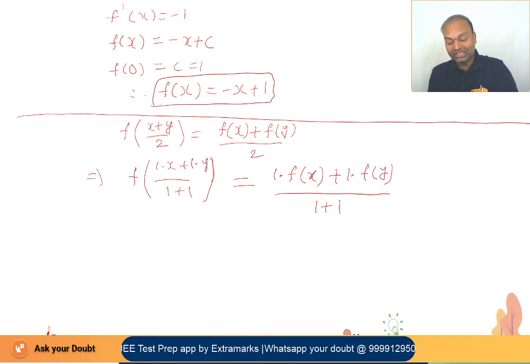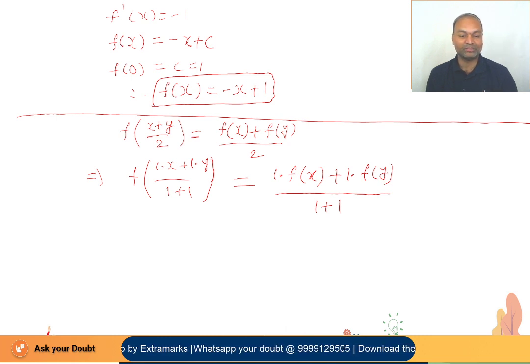(mx2 + nx1)/(m + n). On the right side also you see (mx2 + nx1)/(m + n). That formula is what? Section formula. Correct or not?